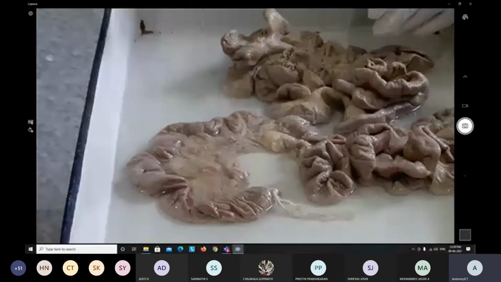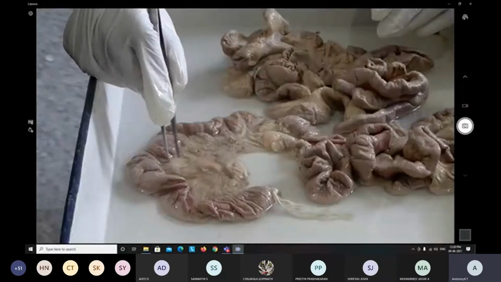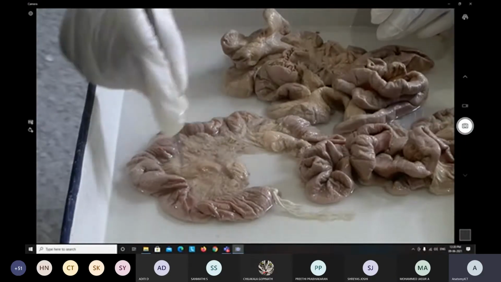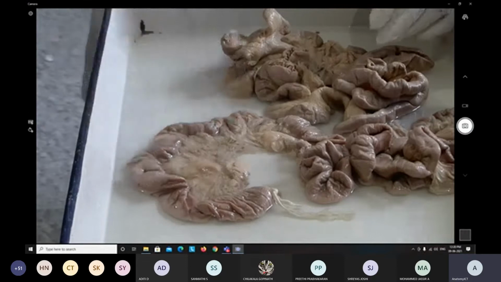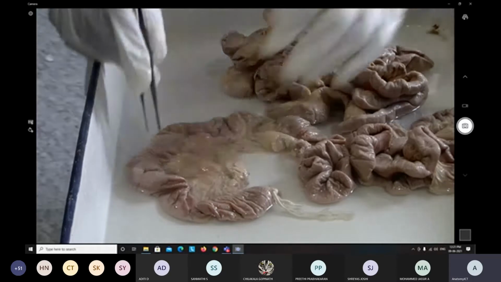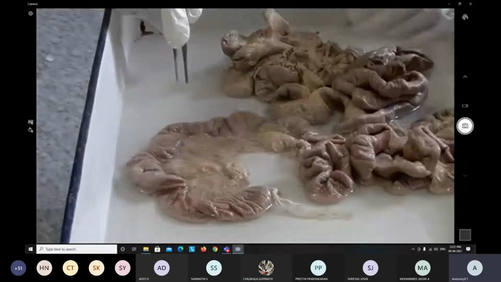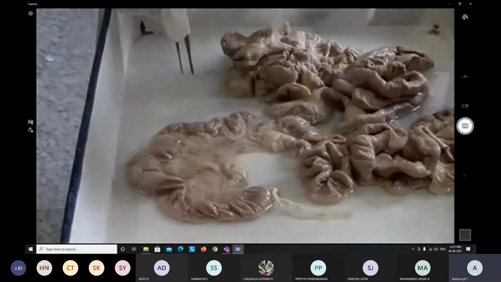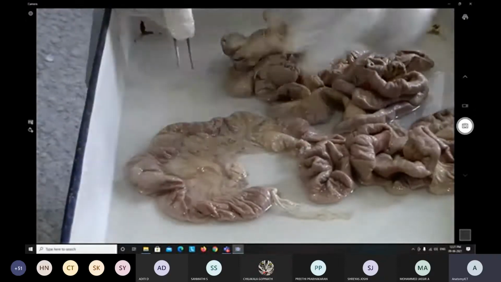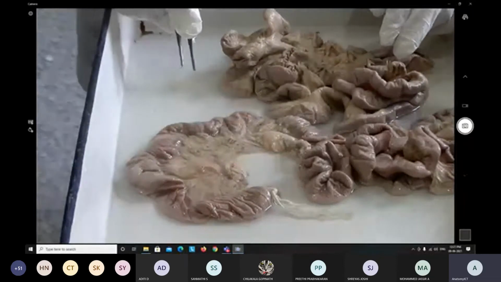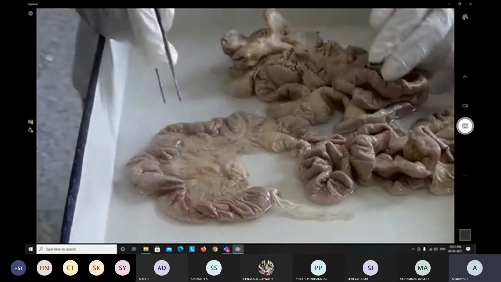But in some cases, around 3 to 7% of cases, the ventral bud opens separately and the dorsal bud opens separately into the duodenum. At that time there will be two openings in the duodenum, the major duodenal papilla and the minor duodenal papilla, inside the second part of the duodenum.